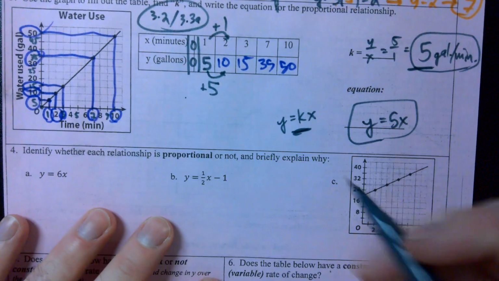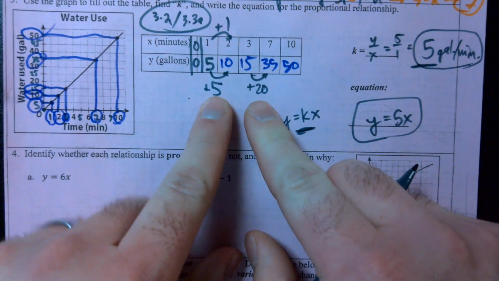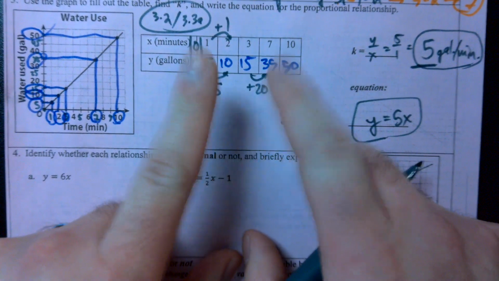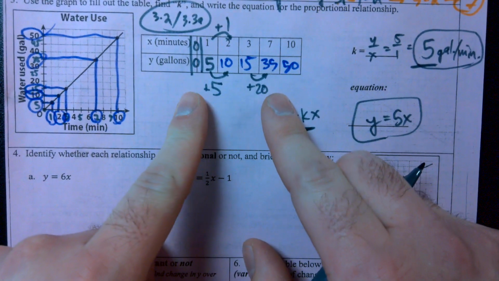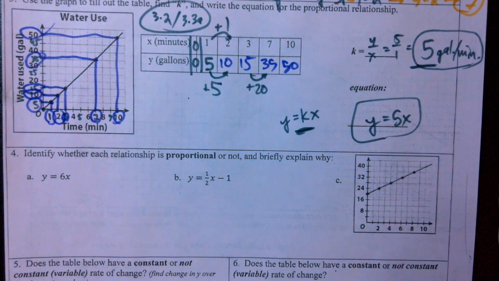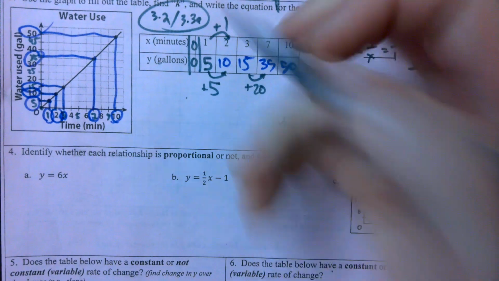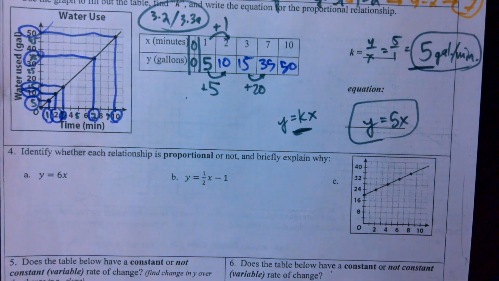Now you may look at this and go, well, wait a minute, from 15 to 35, that's plus 20. I thought I shouldn't have different numbers there like that. What's up with that? We're talking about constant versus variable. The graph shows it's proportional. Why doesn't the table look proportional then?